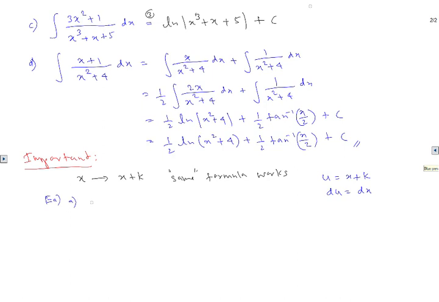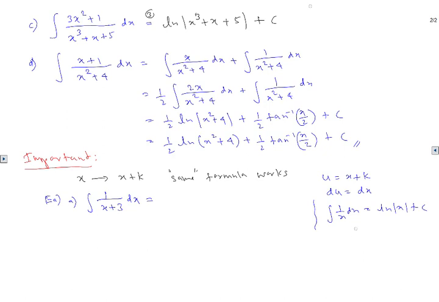So if you want to integrate, let's say, 1 over x plus 3, just consider the formula for 1 over x and simply replace x by x plus 3. If you integrate 1 over x, you get ln absolute x plus c.